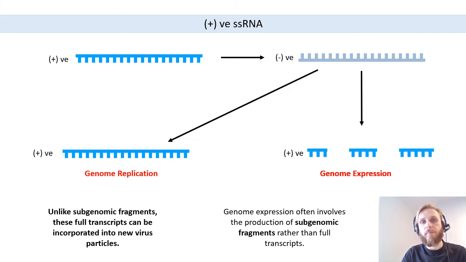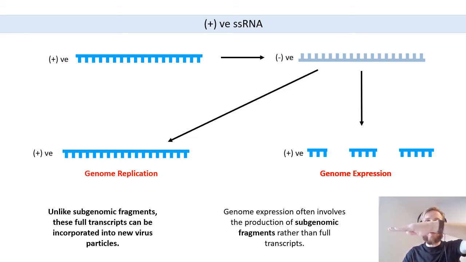The problem, however, with this system is that the production of these subgenomic fragments is not sufficient for genome replication. As we've said, for genome replication, the overall process is the same in terms of stages as the stages of genome expression for these positive sense single-stranded RNA viruses.